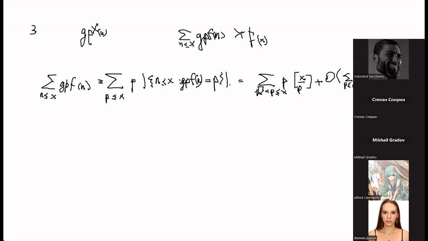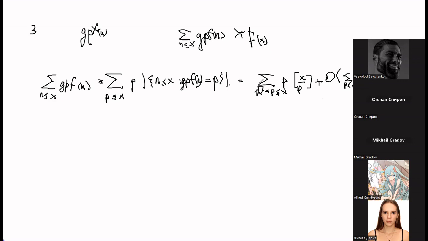Okay. So the first summand here is for the case when the largest prime factor P is between square root of x and x, right? And the second summand is for the otherwise case, the rest, and of course there are no more than x numbers which are divisible by any prime.